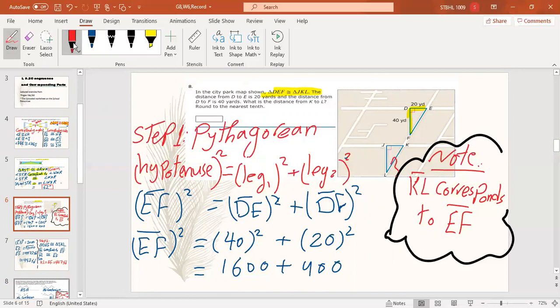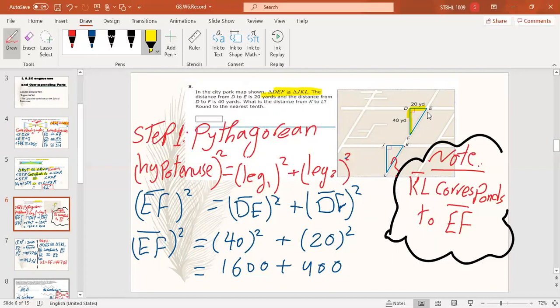We require to find this distance, which is the length of line segment KL. Very clear that these two triangles are right angle triangles. And it's also given that these two triangles are congruent. So length of line segment KL equals length of line segment EF.